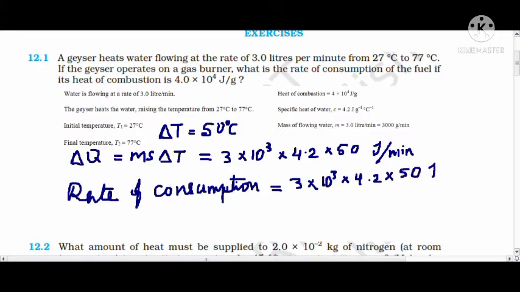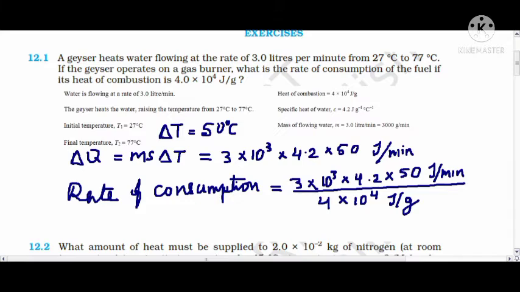So it is better to write the unit also to avoid the confusion. Joule per minute upon the heat produced per gram of the fuel, that is 4 into 10 power 4 joule per gram. Here you can see the unit joule is cancelled in numerator and denominator.